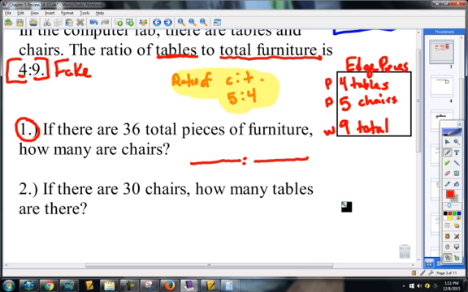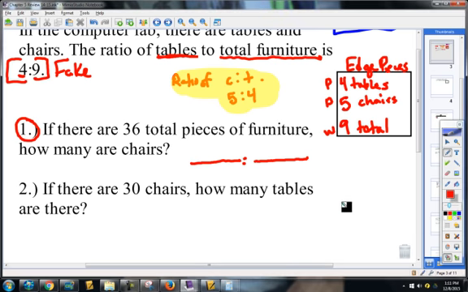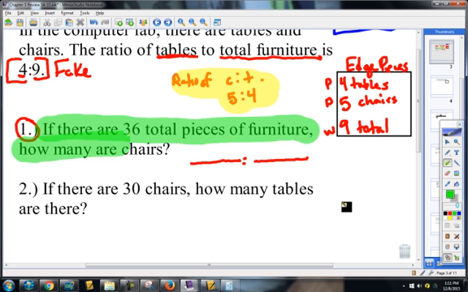Now remember, everything we've done with proportions thus far, we've always put labels on them first. So I go to what I call my real information. Remember, the real information is always probably going to start with the word if. If this, then how many of this? Okay, it's always going to give you some piece of real information to use. Okay? And then it's going to ask you for a specific piece of information.